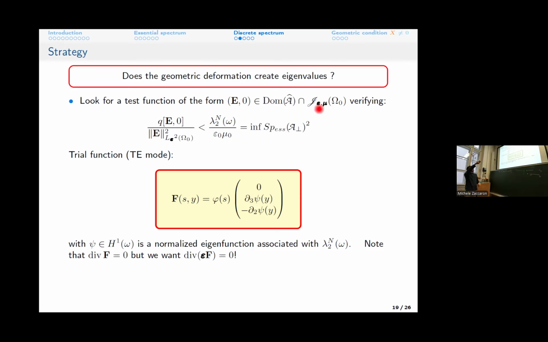So not with epsilon 0, but with the new epsilon and mu, the one that encodes the initial perturbed geometry. So we don't want divergence of f to be 0, which is true in the sense this is immediately seen. Divergence of f is equal to 0. But we want divergence of epsilon f to be 0.